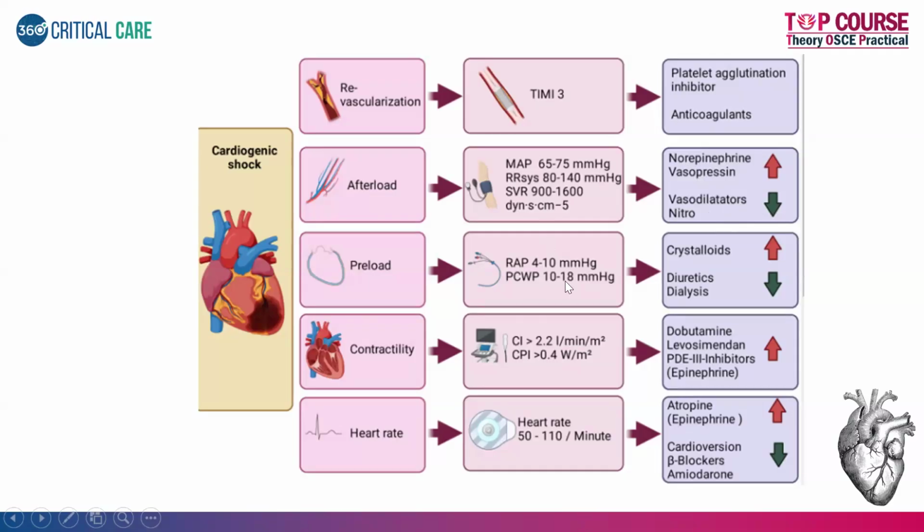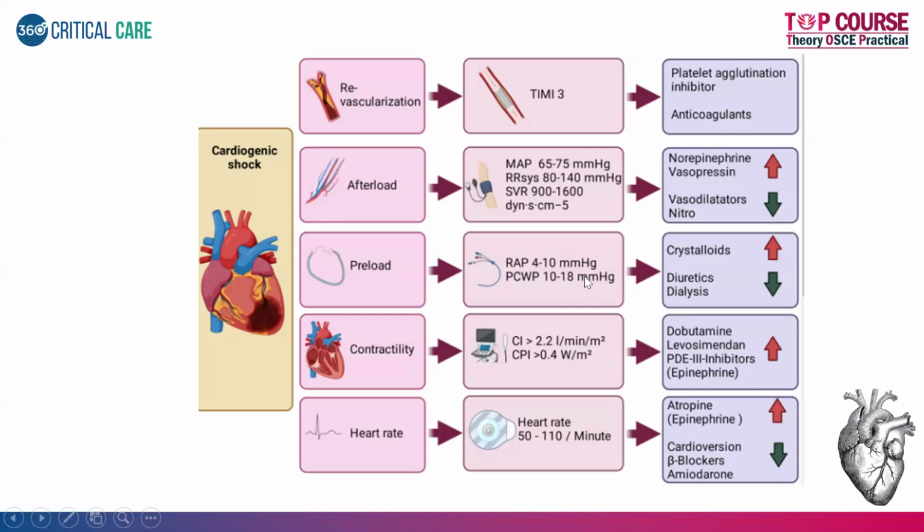If preload is the issue, we need to look at the pulmonary capillary wedge pressure and the right atrial pressure. The usual targets are a right atrial pressure less than 10 and a pulmonary capillary wedge pressure less than 15, so you need to optimize these. If the pulmonary capillary wedge pressure is more than 18, probably you need to use diuretics.